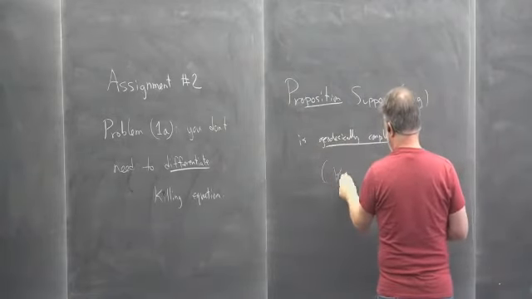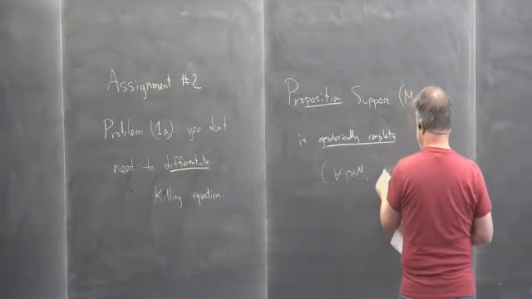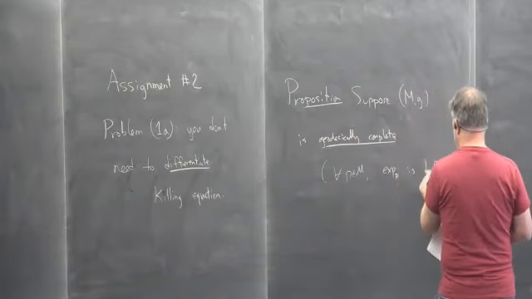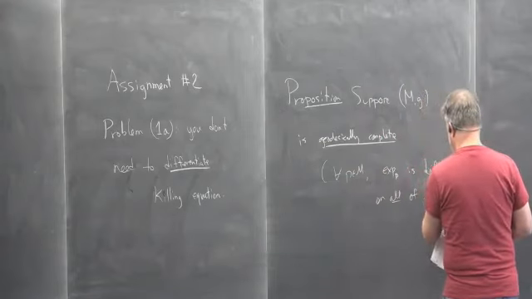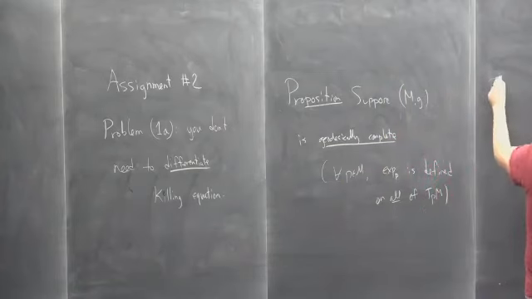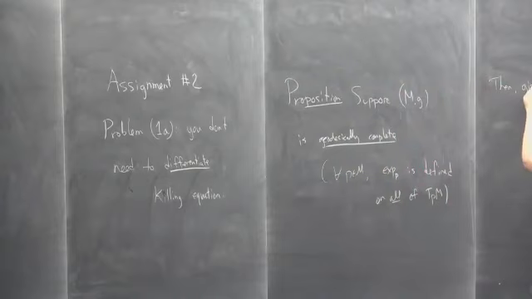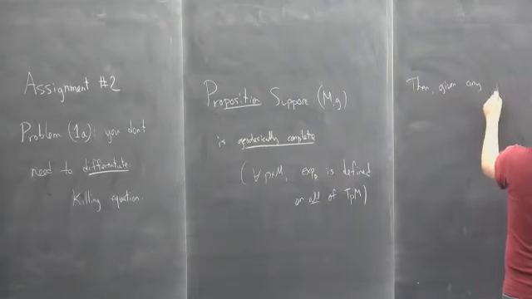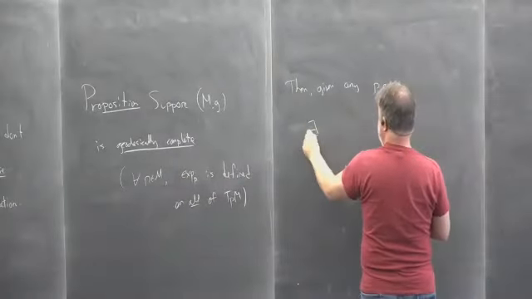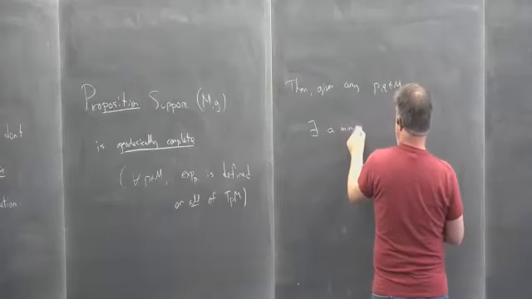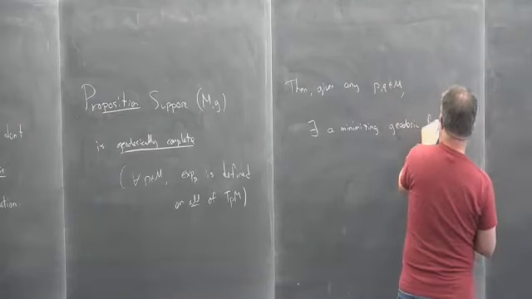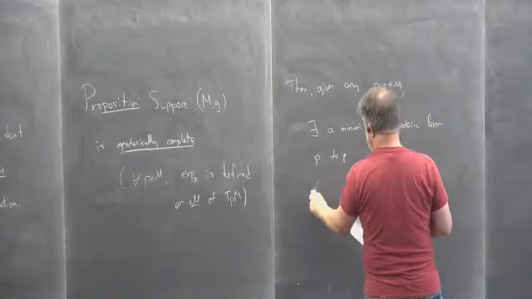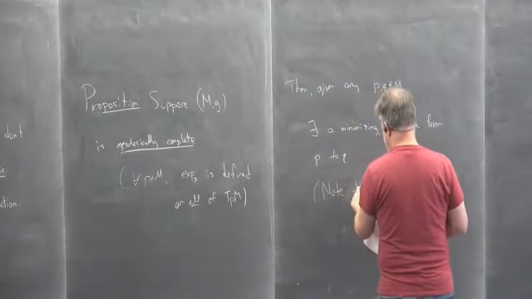So for all P in M, the exponential map exp_P is defined on all of T_P M. Then given any P and Q in M, there exists a minimizing geodesic from P to Q. And note, this need not be unique. This is not in general unique.